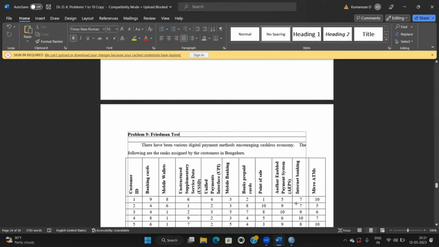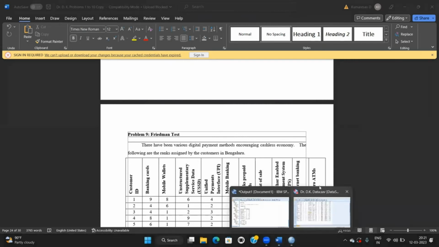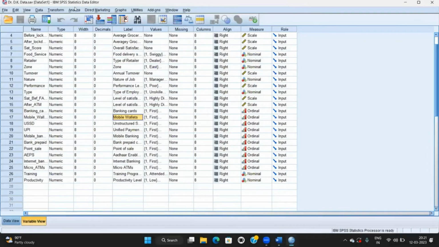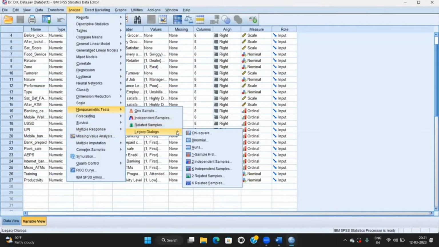So once again, there is a comparison between some tests. See here, the Mann-Whitney U test is called the 2 independent samples test. The Kruskal-Wallis test is called in another way K independent samples. Then Wilcoxon is 2 related, Friedman test is K related samples.